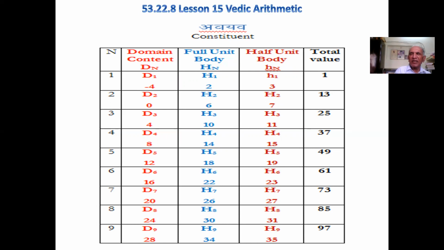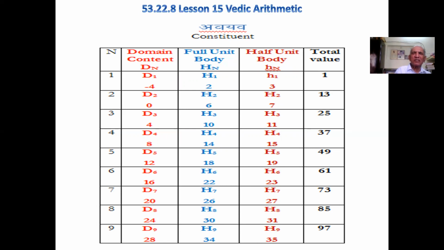Vedic arithmetic is having a chase of three constituents: content, space content, and its pair of full unit and half unit bodies. And this table in the first row is tabulating D1, one space content, and one space body of a full unit, one space body of half unit, and the total value is coming to be 1.